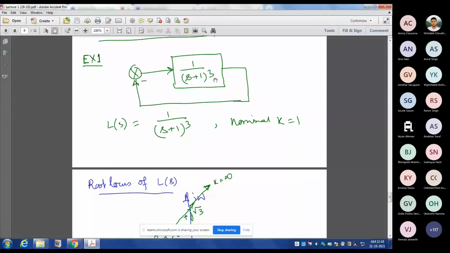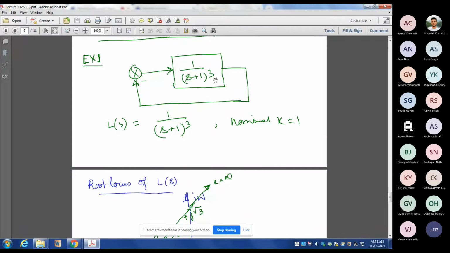So the lower gain margin is 0, and the lower gain margin should be as less as possible, right? So the lower gain margin is here 0, and the upper gain margin is here 8.